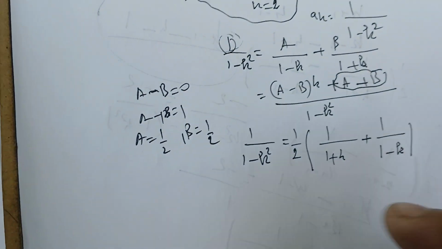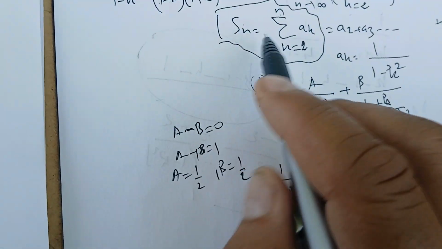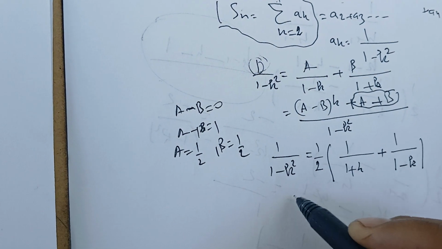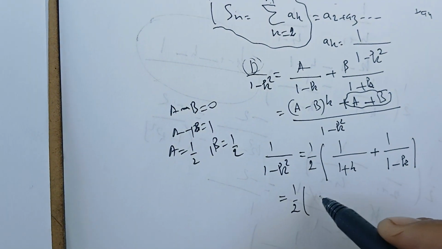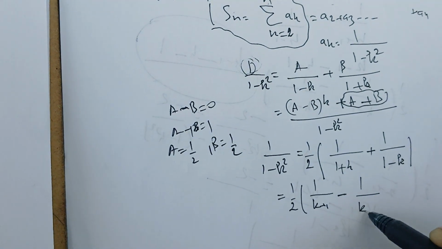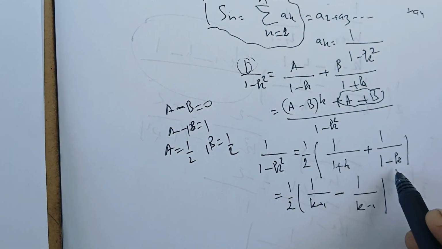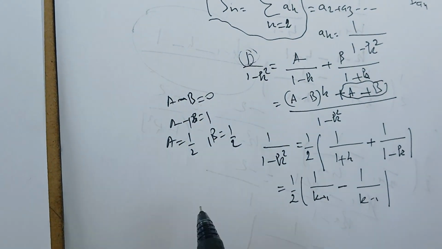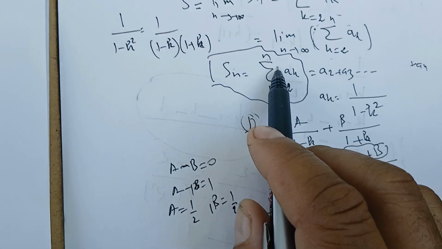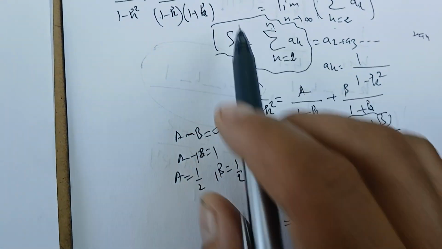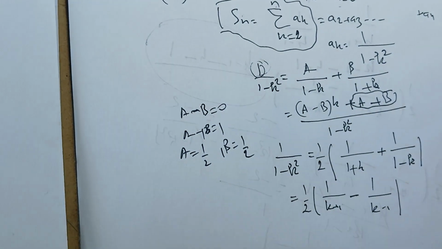So this is my term ak. I can rewrite it another way: 1/2 times (1 over k plus 1 minus 1 over k minus 1). I just factored out a minus and put it here to make it easier to compute. We're going to make this what we call a telescoping sum, where terms cancel.